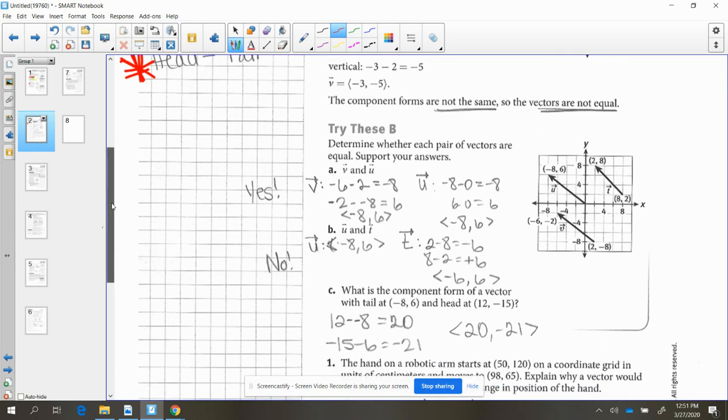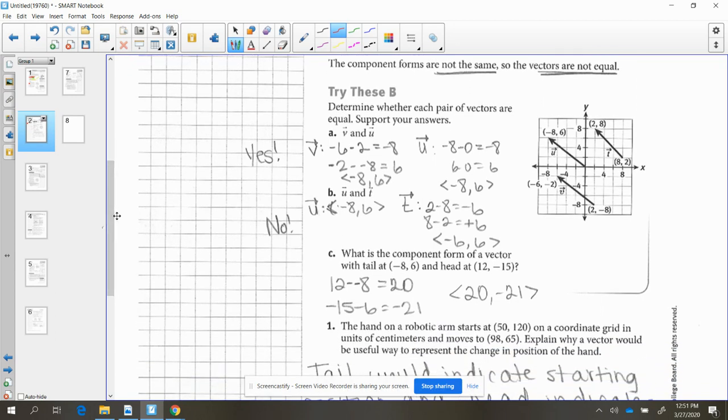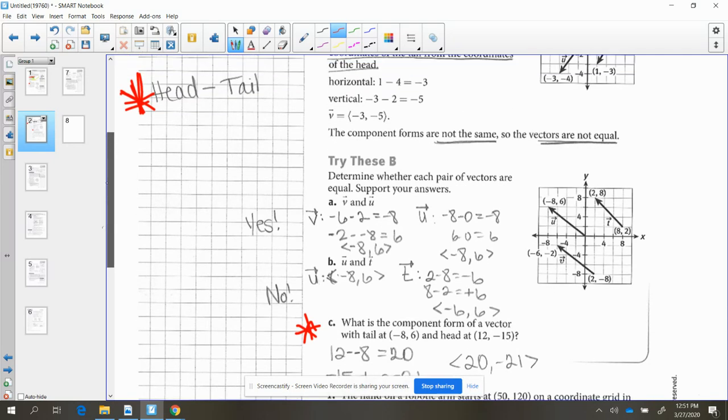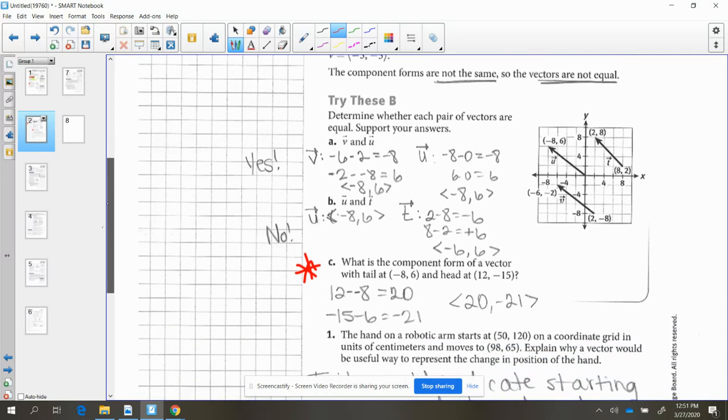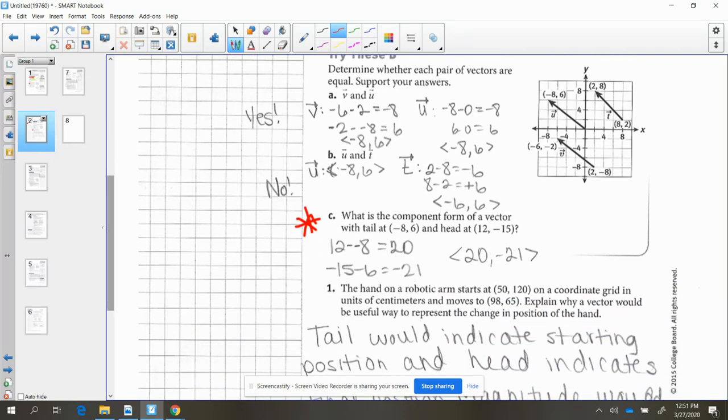We talked about that in examples A and B. Example C is a great example of using head minus tail: taking the head coordinate minus the tail coordinate to find a, and doing the same thing to find your b component.